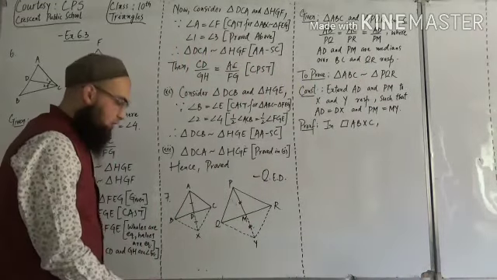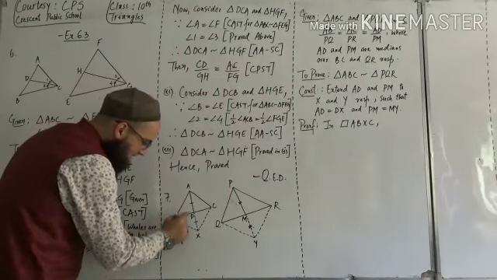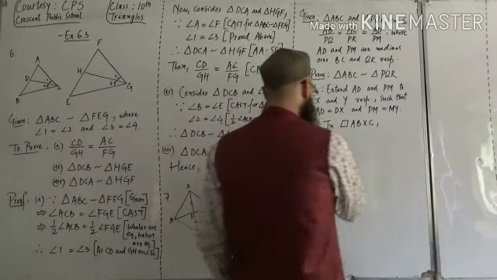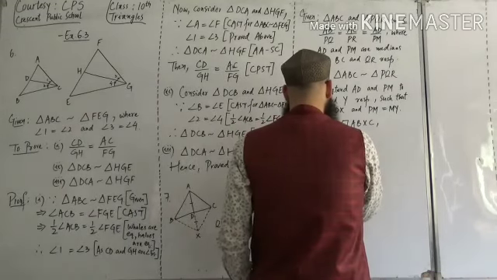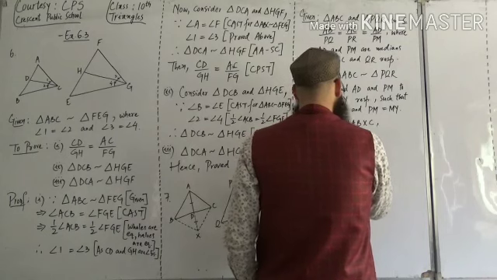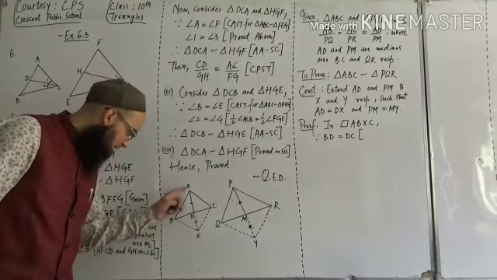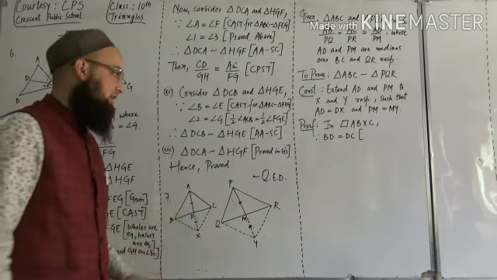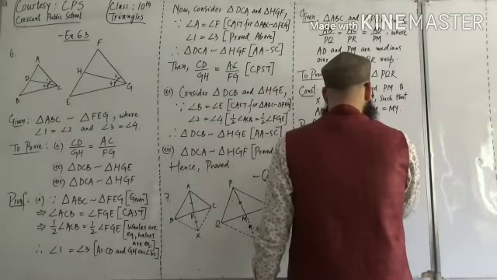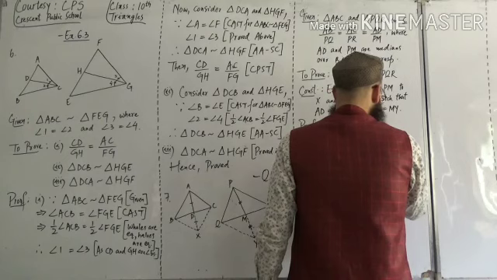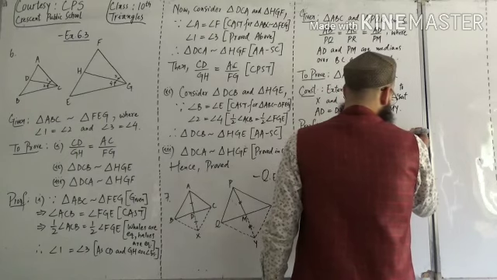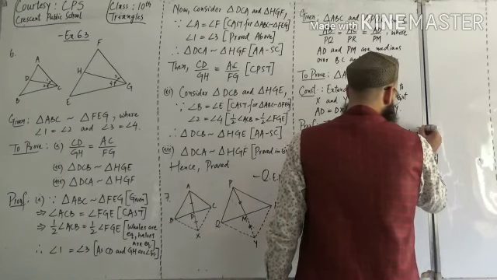What you have in this quadrilateral, BD is equal to DC. Why is BD equal to DC? Because AD is a median.